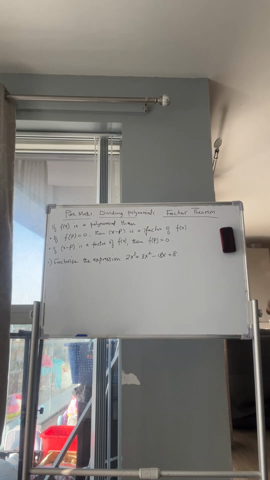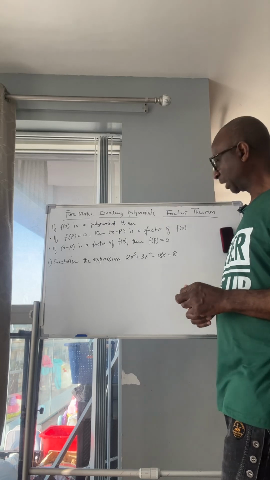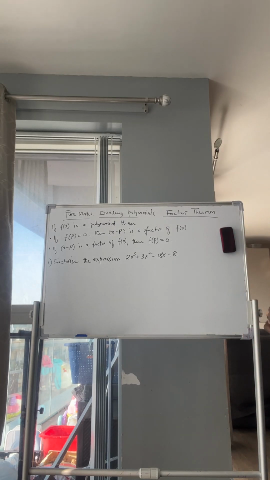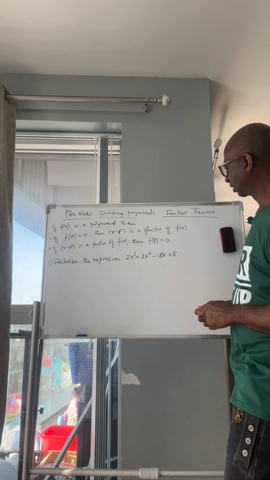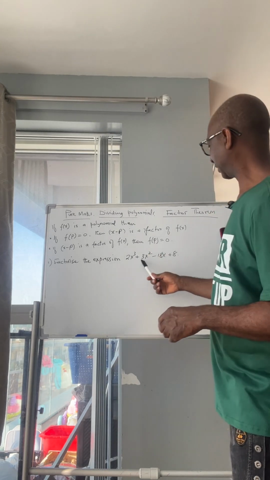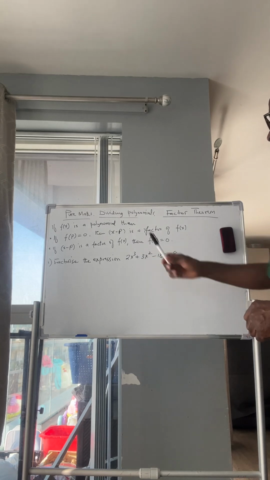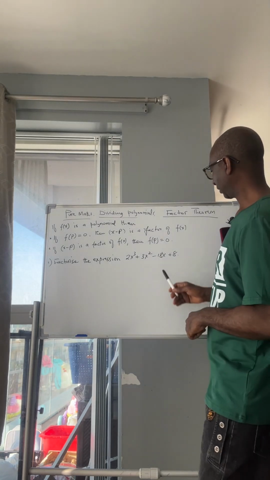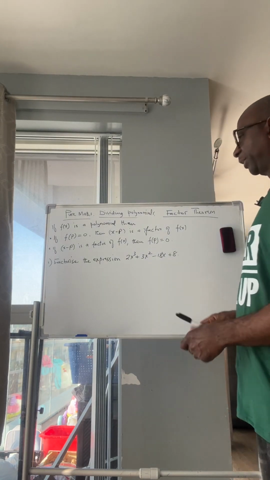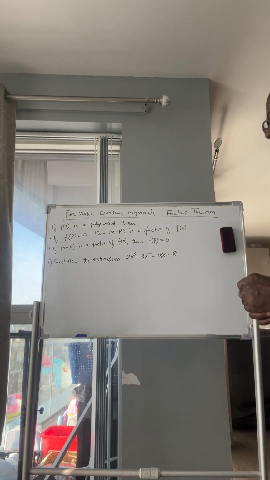So what do you look at here? When you are given a problem like this, it has all these items in it: x cubed, x squared, x, and an integer here. You're asked to factorize.